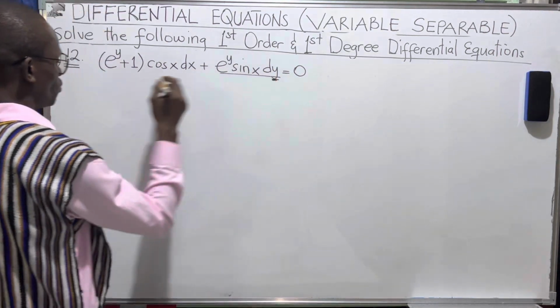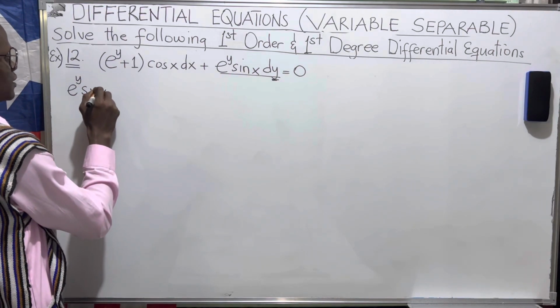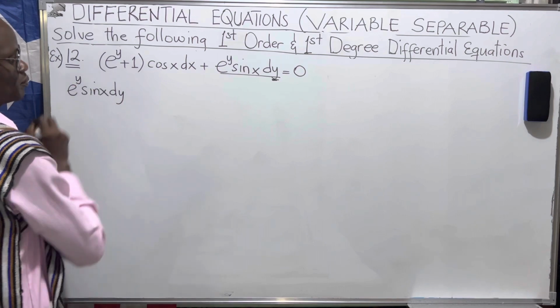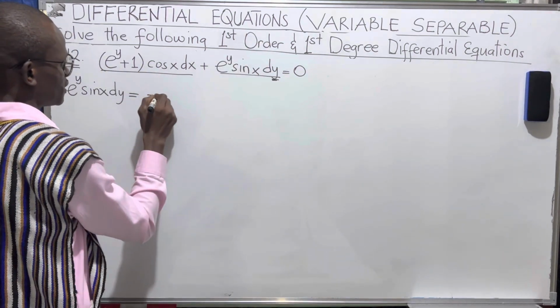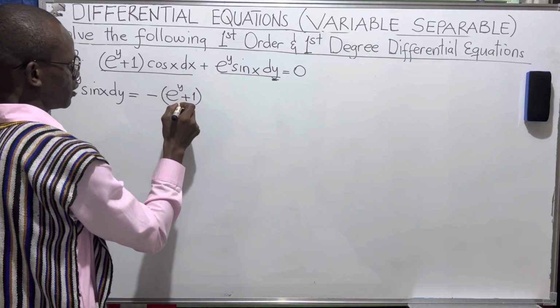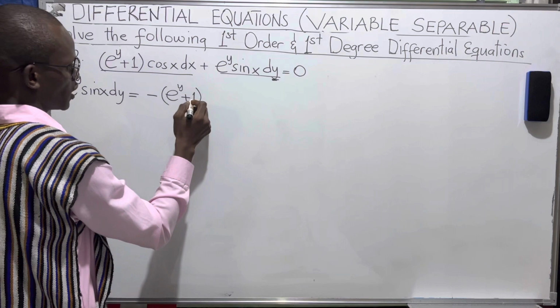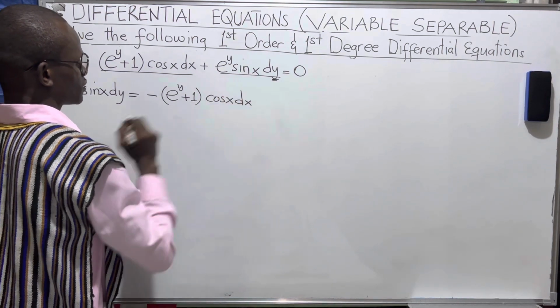So I will maintain the y right here, e raised to the power y sine of x dy. And then this term, I send it across the equal sign, so it becomes negative e raised to the power y plus 1 cos of x dx.